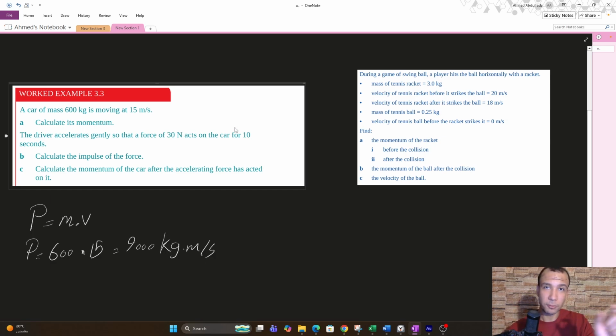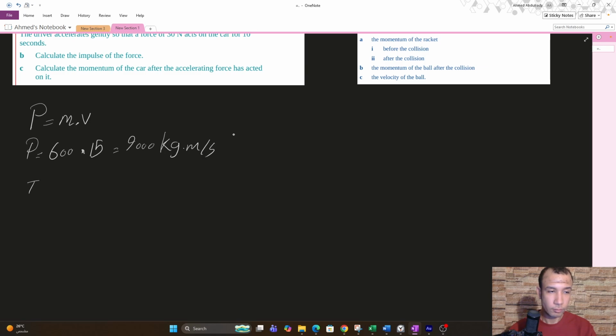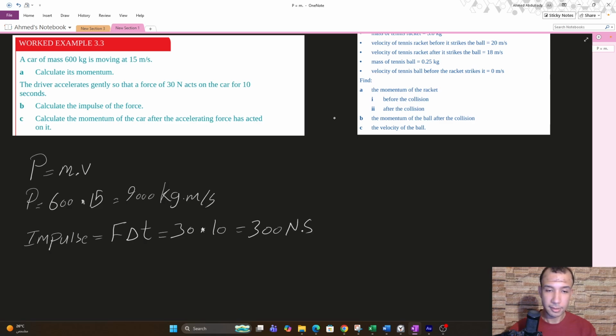So this is the impulse, force times the amount of time, okay? So the impulse equals F delta t. In this case, 30 times 10 equals 300 newton seconds.